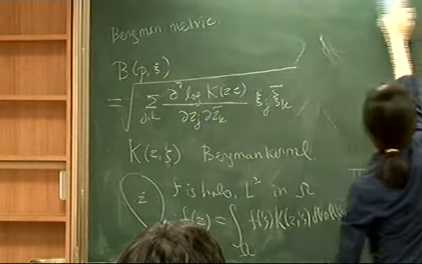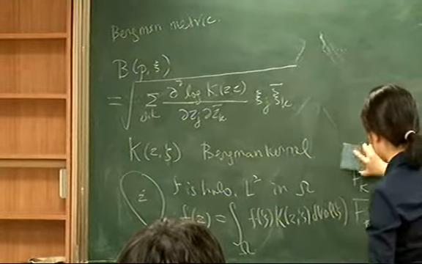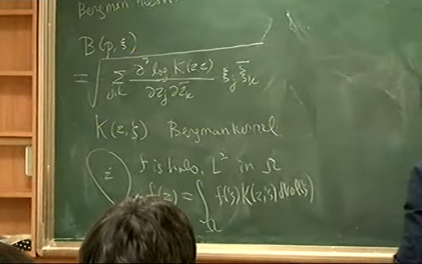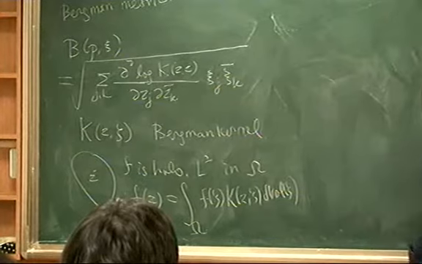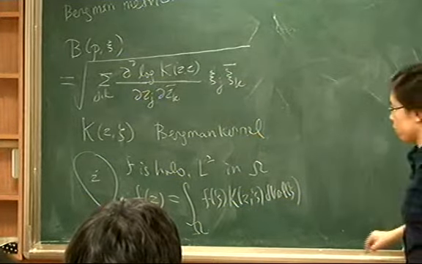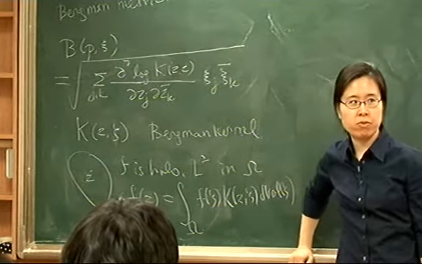If you define the invariant metric this way, the Bergman metric, then any pseudo-convex domain is complete with respect to this metric.